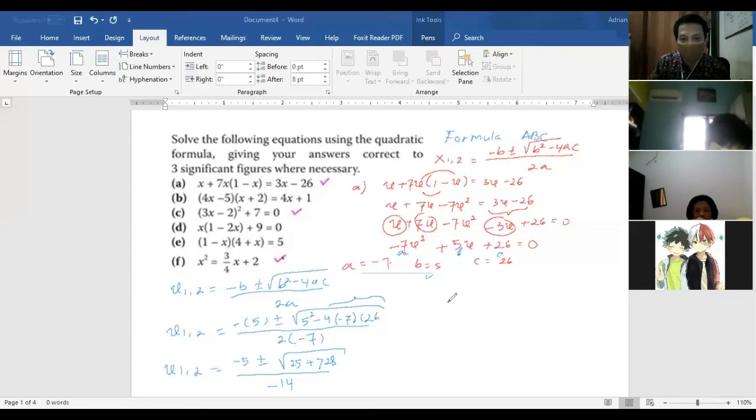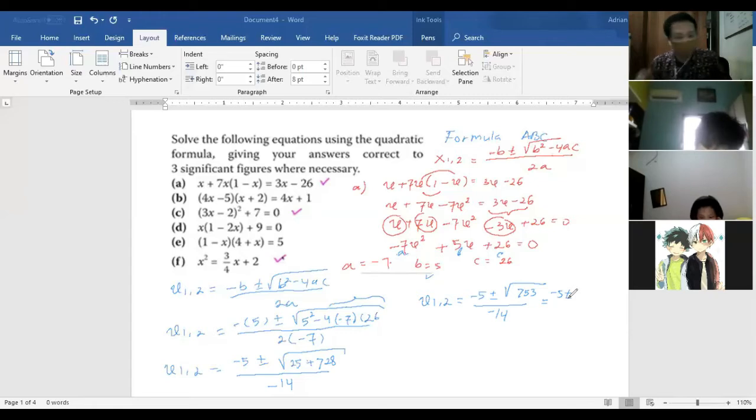So x1,2 equals minus 5 plus minus, and then root of how many? 25 plus 728, right? 753. 753 divided by minus 14. Is it clear, everyone? So you'll find minus 5 plus minus root of 753.